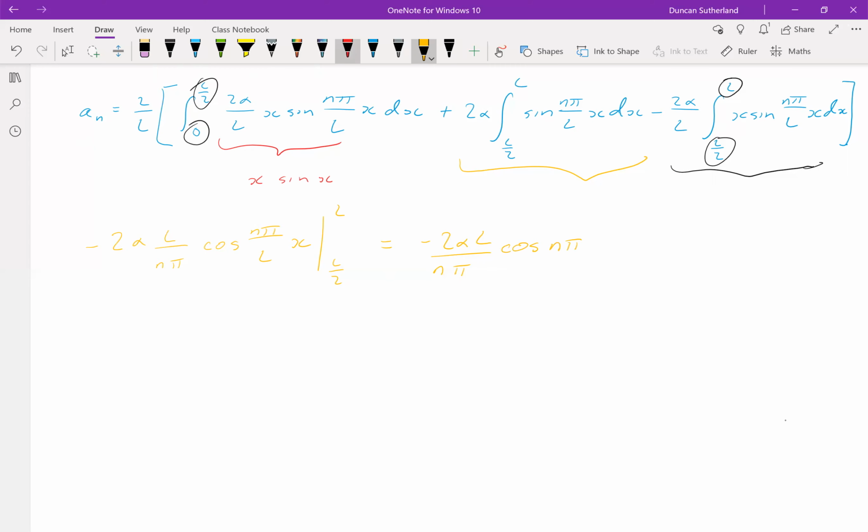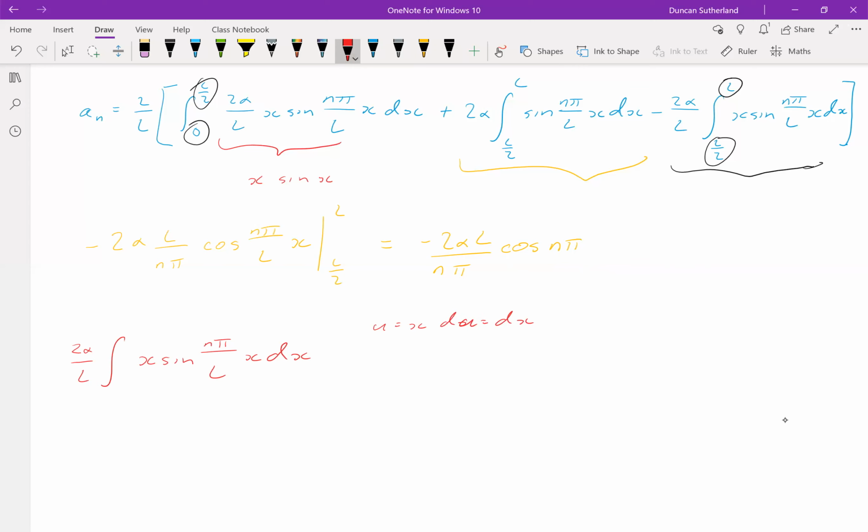All right, so let's take a crack at the integral. We're just going to park a 2 alpha on L out the front. The integral of x sine n pi on L x dx. So this is by parts. The one you differentiate is x.